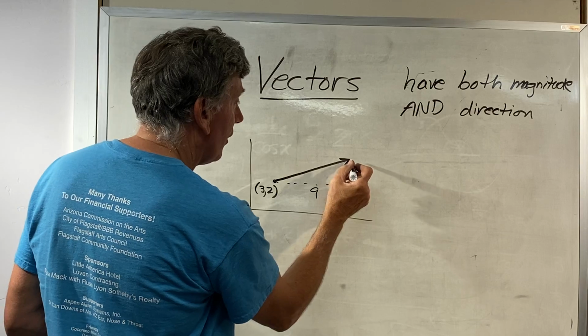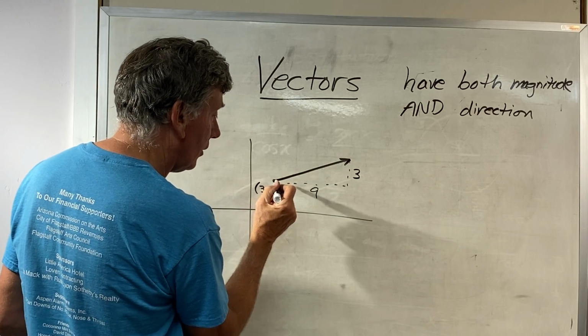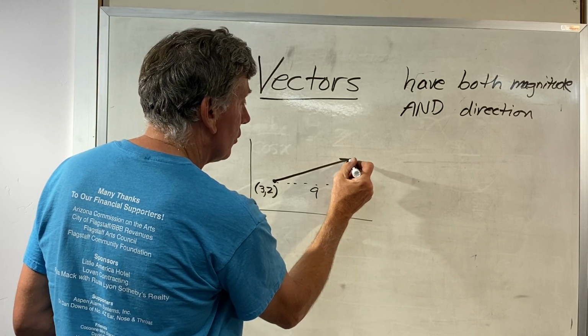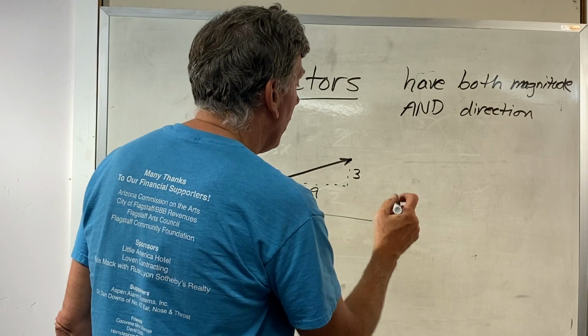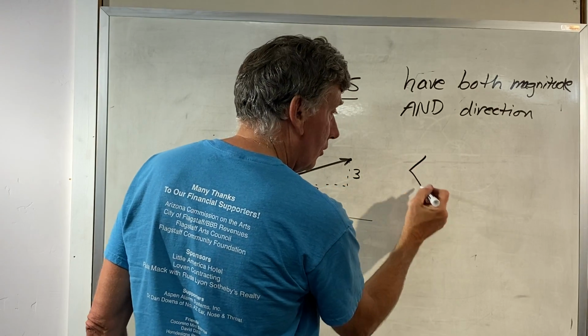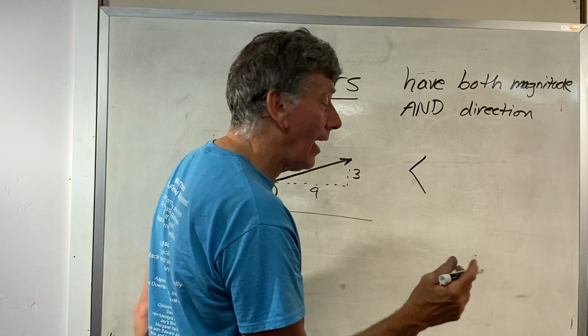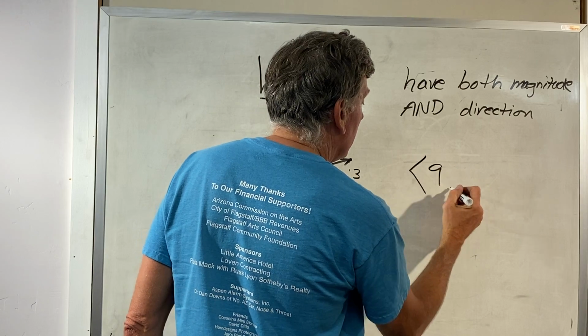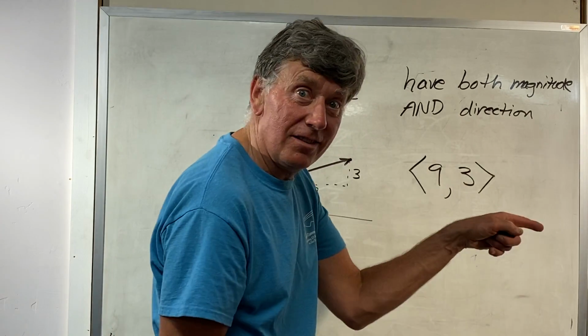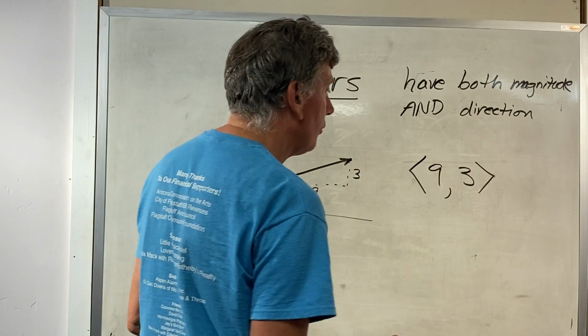So to get to the head, this is the tail of the vector, it's starting at the point 3, 2. To get to the head of the vector right here, we are going to describe this vector as, and I'm going to use kind of an angular bracket, <9, 3>. This means we go across 9 and up 3.